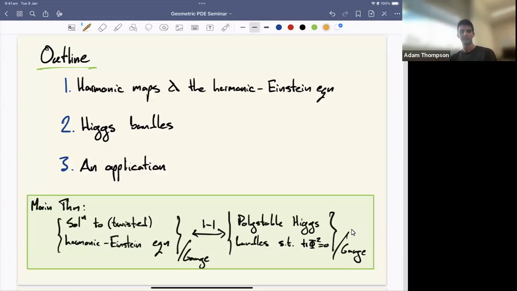The beauty of this link is that the Higgs bundles, hopefully we have a better understanding of and know what the solutions there look like. And so we can then take that knowledge and apply it to these Harmonic-Einstein equations. Okay, so like I say, I'll get into it.